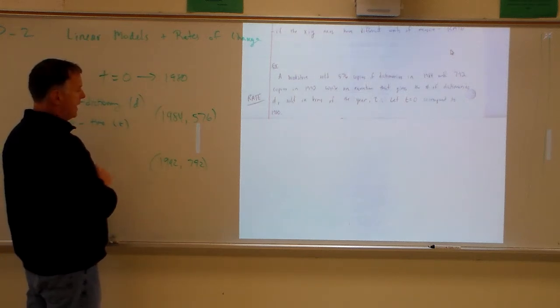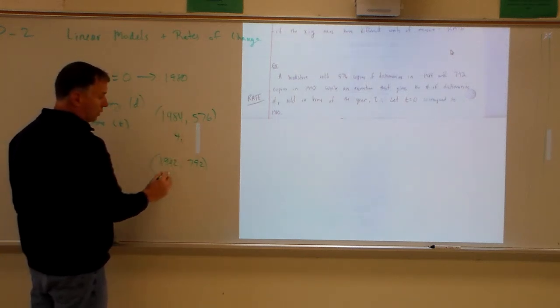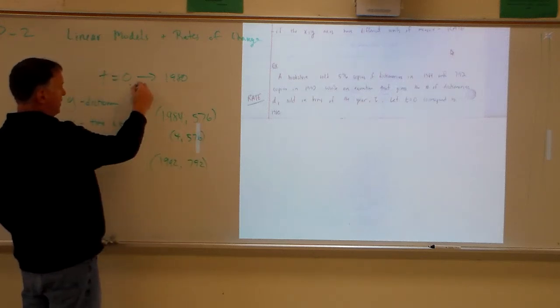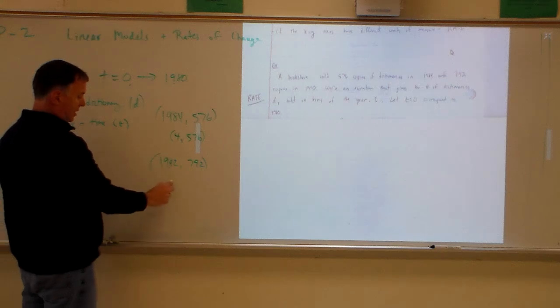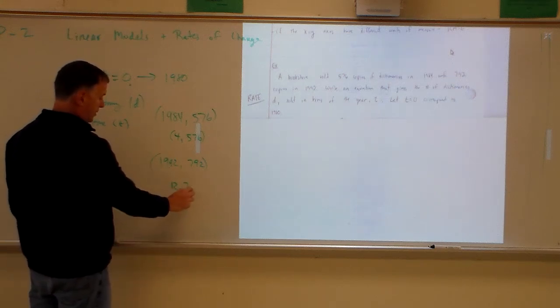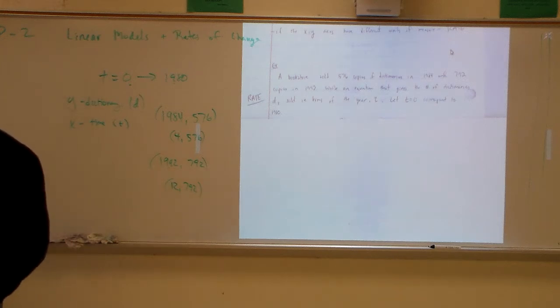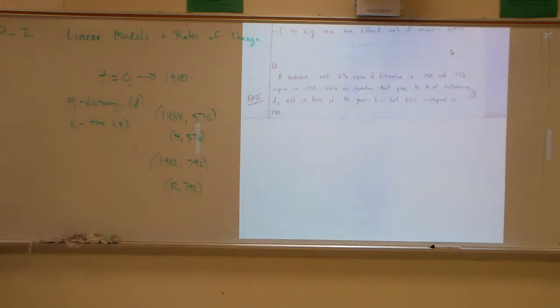So that would mean that 1984 would be 4, so (4, 576). And if t equals 0 stands for 1980, this is going to be (12, 792). Okay? We have our two ordered pairs. Let's find our slope and get our equation. Do it. You don't need me, you can do that.